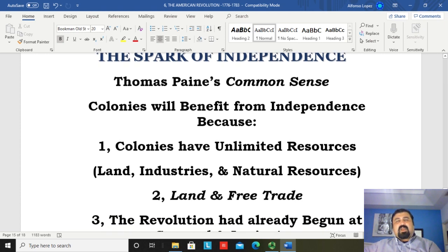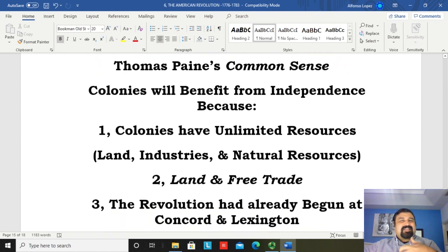So he titled it Common Sense because what he's appealing to with his ideas is the common sense part of us. Look, I'm going to describe a series of ideas here that will explain to you in simple language why it's common sense that independence is going to benefit you.